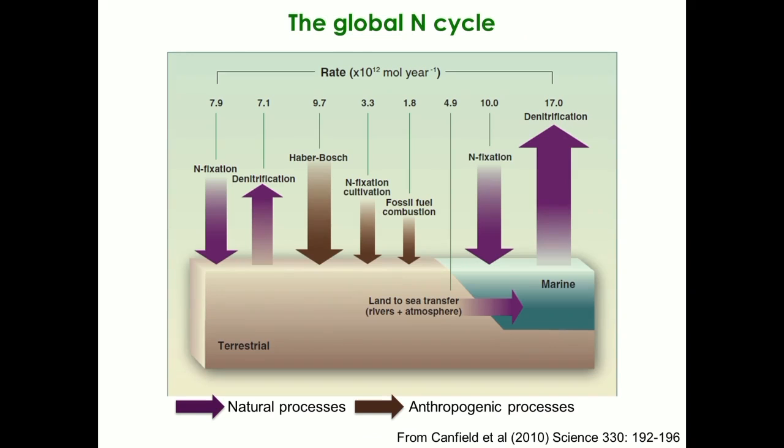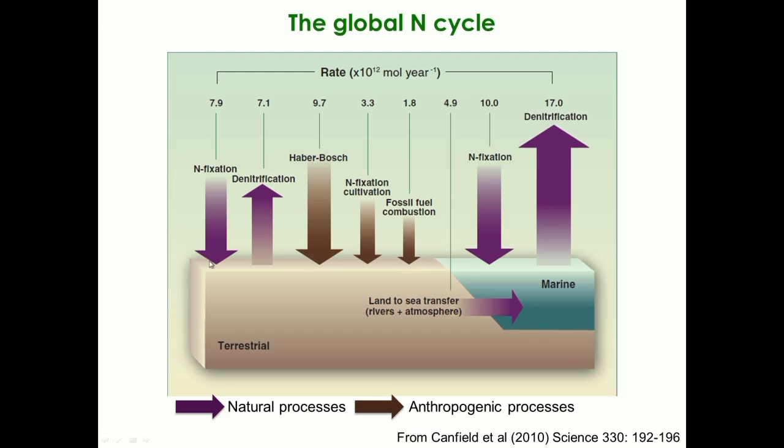We can also look at this human nitrogen input at a more global scale, and we can see that human intervention by addition of fertiliser is also affecting the nitrogen cycle. It's altering the balance of the global nitrogen cycle. So these purple arrows indicate the natural processes that take place, and the brown arrows indicate these anthropogenic inputs, predominantly via agriculture and also a little bit through fossil fuel contributions.